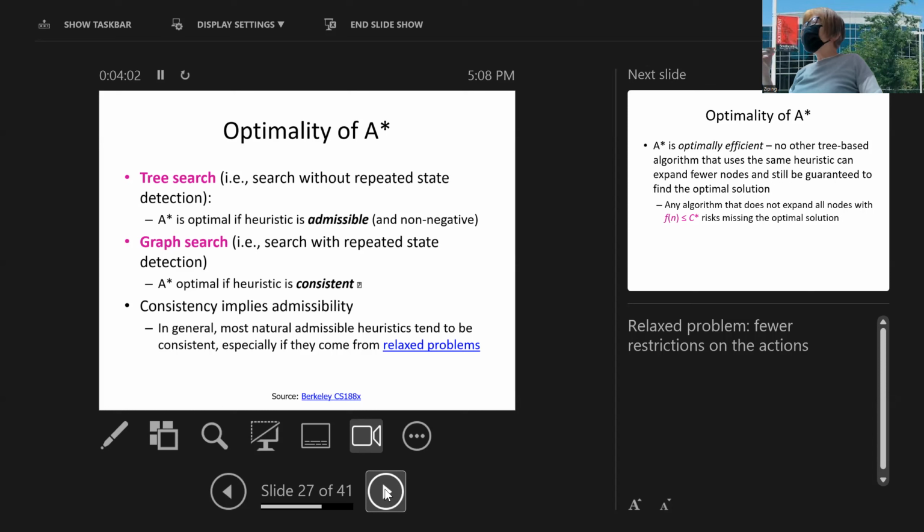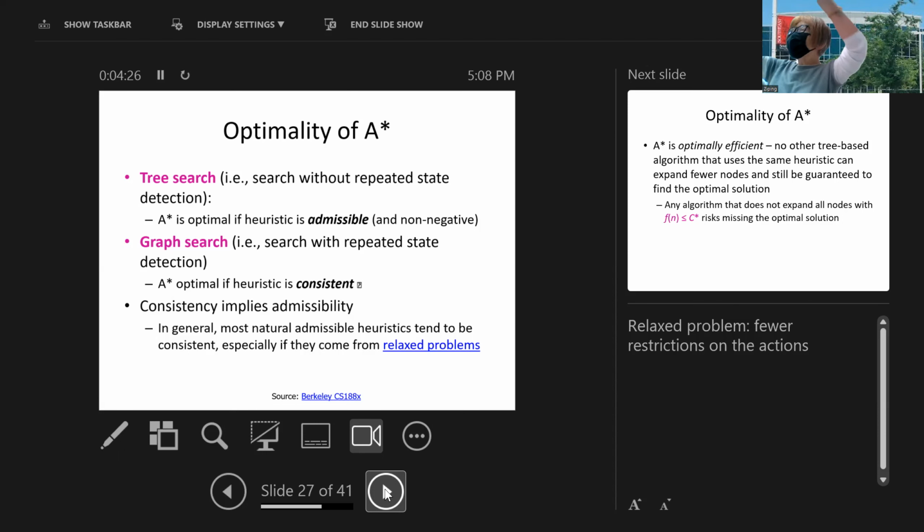Who still remembers the definition of admissible? Admissible means the heuristic should be less than or equal to the actual cost.